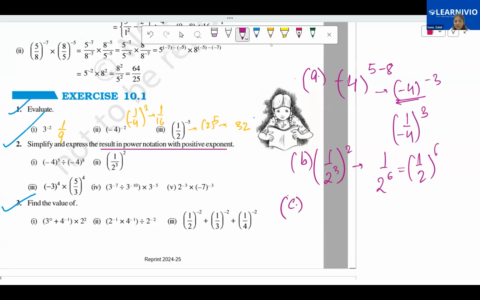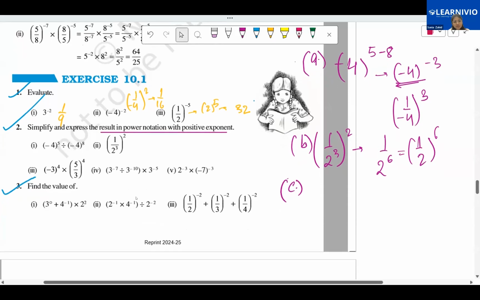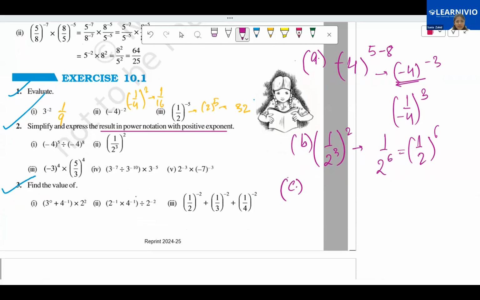It says minus 3 to the power 4 into 5 by 3. Children, did we practice this question in yesterday's class also? Yes, ma'am, we practiced it, it was there in examples. Okay, so for the answer you first write minus 3 to the power 4 into 5 to the power 4 divided by 3 to the power 4.